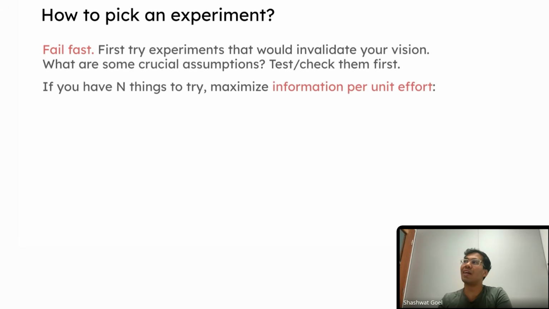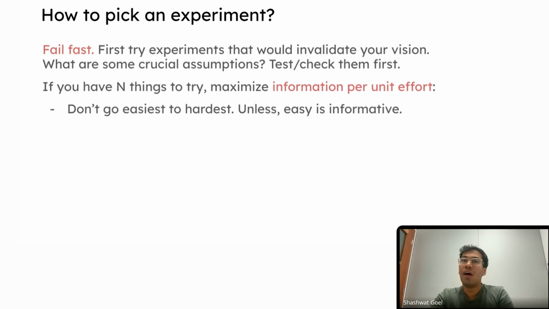So you don't start with trying to complete the end-to-end project, because that will give you full information. Rather, start with something very small that you can test very quickly. And another problem, what sometimes people end up doing if they don't think about this carefully, is they start going from easiest to hardest. So if they have n things to try, they'll first pick the easiest one and check that.